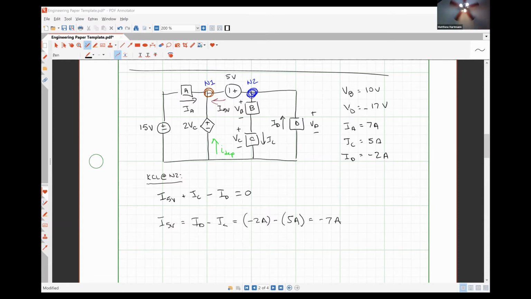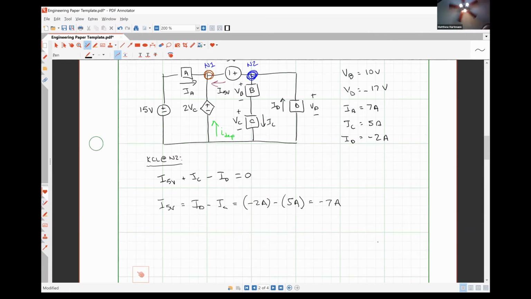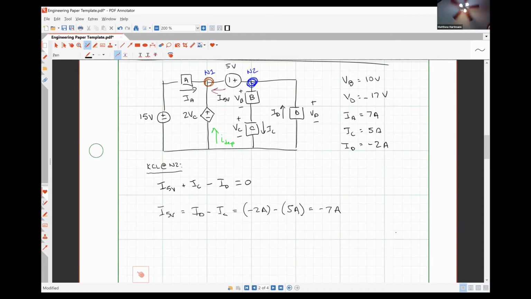Alrighty, from here, we can apply Kirchhoff's current law at node 1, and we would see that all 3 are entering. So I'm going to skip a step here and say that I dependent is equal to negative IA plus I 5 volts.